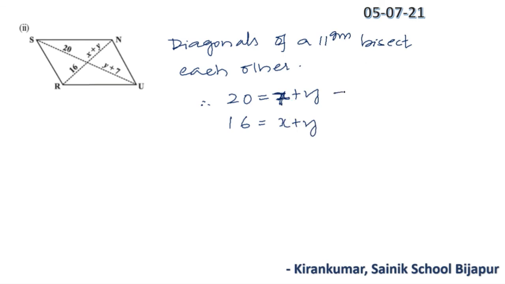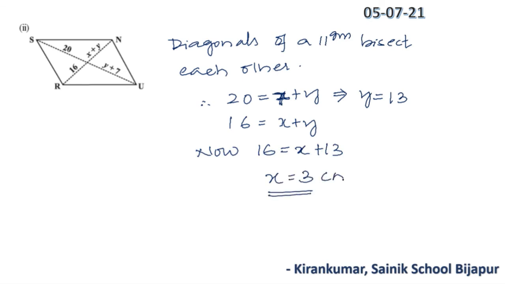From this, we can find y will be equal to 13. Now I can substitute 16 is equal to x plus 13. So x will be equal to 3. So x is 3 centimeter and y is 13 centimeter.